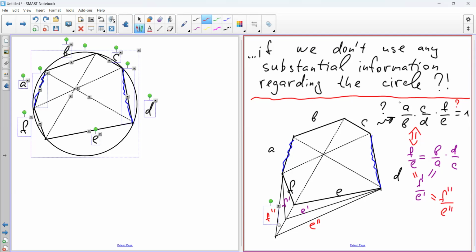Now we have the same straight line. We have 2 different points. We have these couples of segments, which are expected to produce the same ratio. Is it possible at all?